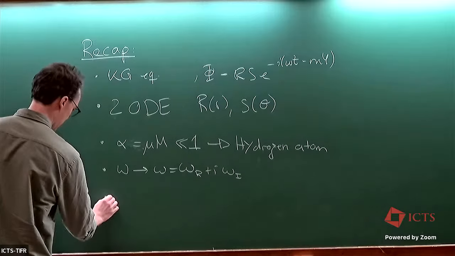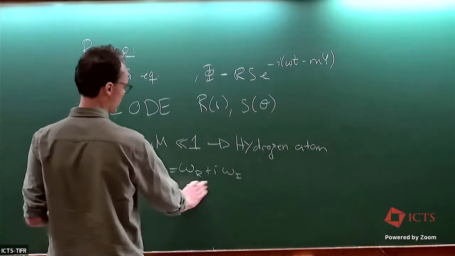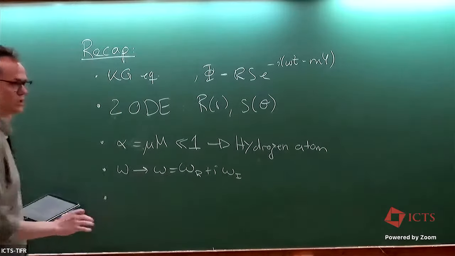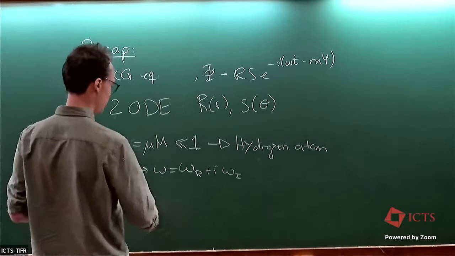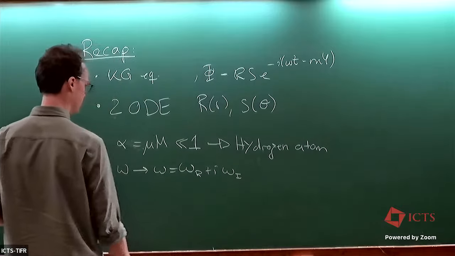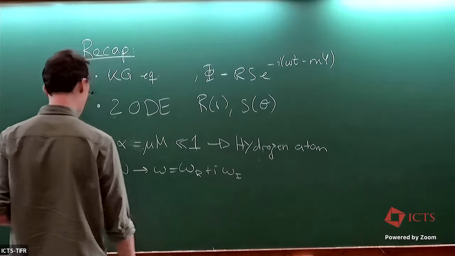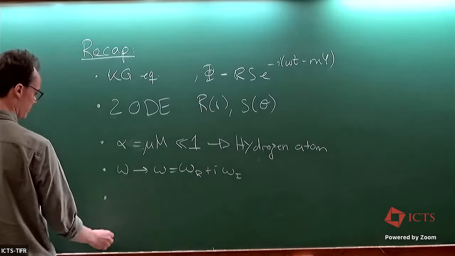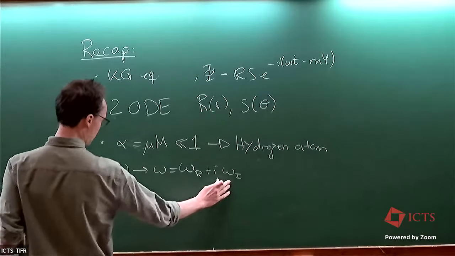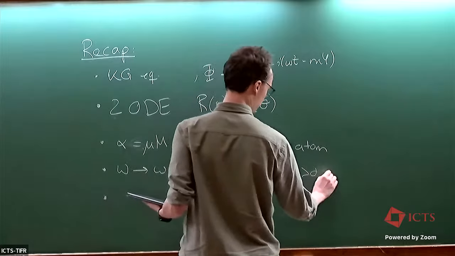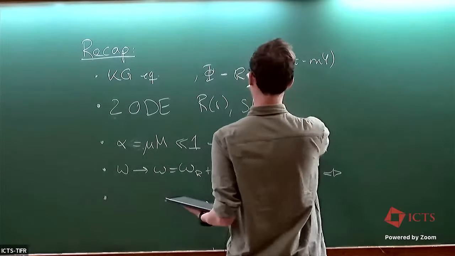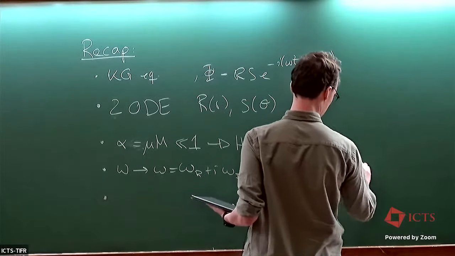And then I motivated the actual calculation, assuming that omega is complex instead of just real as for the hydrogen atom. Doing this calculation, we wrote down an expression for omega I. This expression basically told us that omega I is positive in some regime, which implies that the field phi grows exponentially in time.